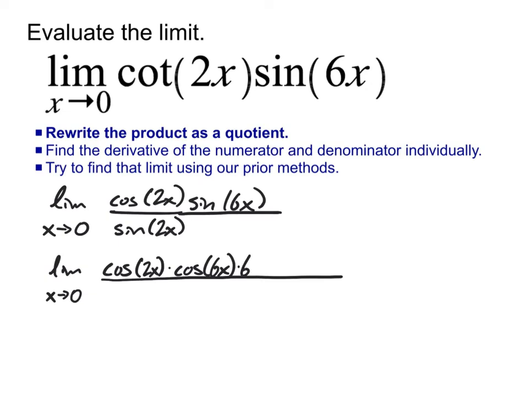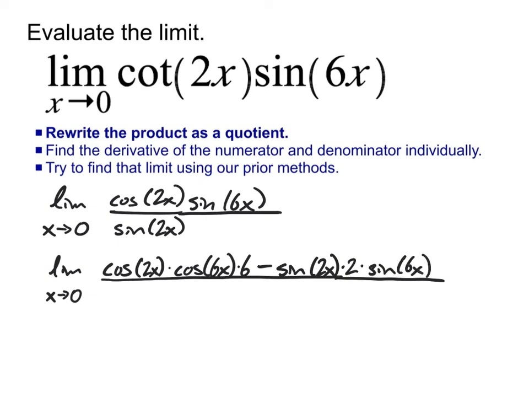Then it's plus derivative times original. The derivative of cosine is negative sine, so since it's going to give me a negative sign, I'm just going to call that minus instead of plus. Sine of 2x, and again, we use chain rule here, so that's times 2, and then times original, so that's times sine of 6x.